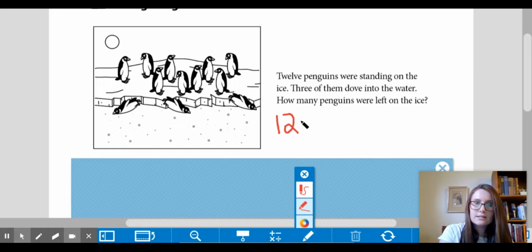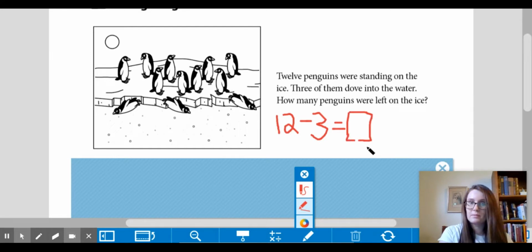And they told us how many dove into the water. 12 minus 3 is the same as, but they did not tell us how many were left. So that was our mystery number that we were solving for. And now we know that there were 9 left on the ice.